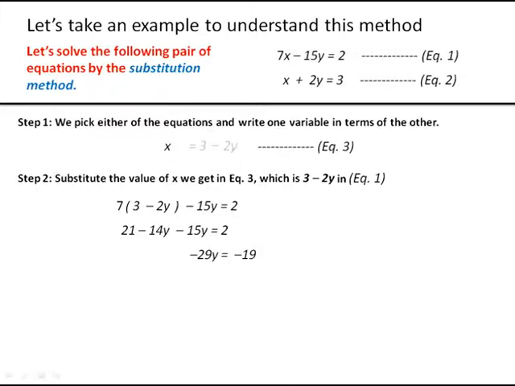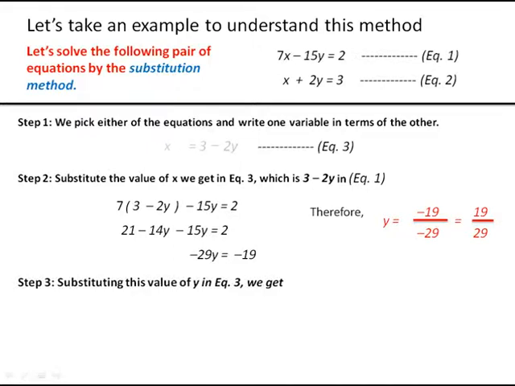Keeping the variable terms on one side and the constant term on the other side, we get minus 29y is equal to minus 19. Therefore, y is equal to minus 19 by minus 29, or 19 by 29.